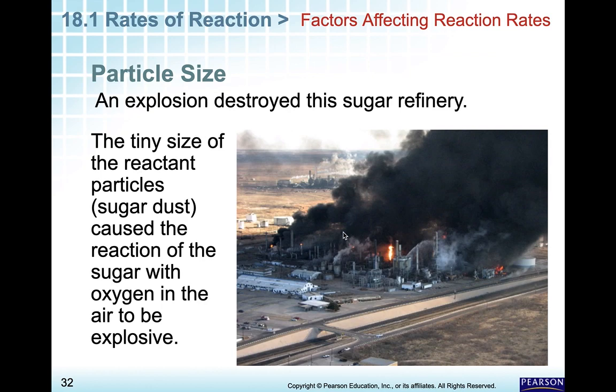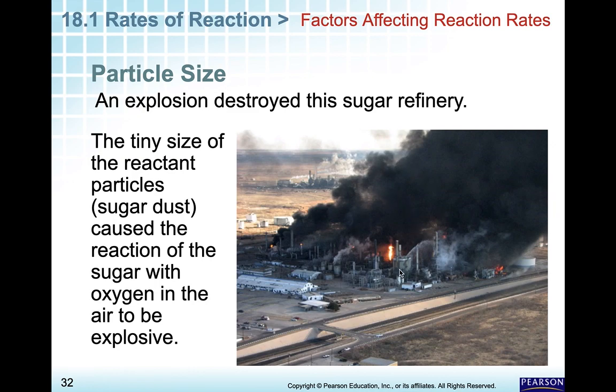But throughout the processing of refining the sugar, a lot of dust built up on equipment. And what do we know about sugar? It contains carbon, hydrogen, and oxygen. So it can burn in air. And once that dust was so small, there was such a high surface area that sugar dust was able to react with the oxygen in the air very explosively.